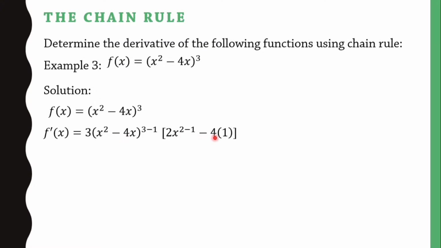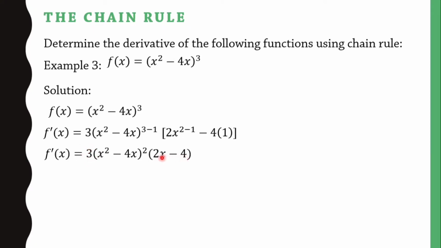Then we simplify that. That will give you 3 times x squared minus 4x raised to 2, because you have 3 minus 1, times 2x raised to 2 minus 1, that's 2x raised to 1, or simply 2x, minus 4 times 1, that's 4. From this expression, what we could multiply is 3 and 2x minus 4.